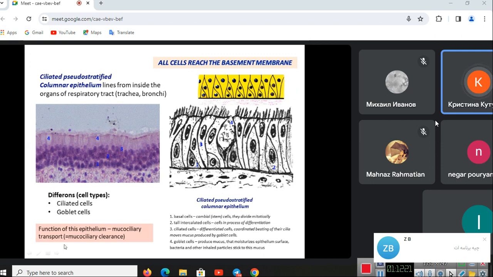And the function of this epithelium is called mucociliary transport, or the same mucociliary clearance. Clearance from to clear, to clean. What does it mean?